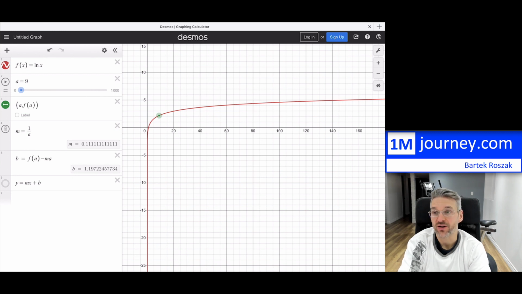And then I'm also finding b, so I'm finding the equation of the line at the point. And b, the y-intercept of my line, is nothing else but y minus m times x, and then you substitute the point itself.